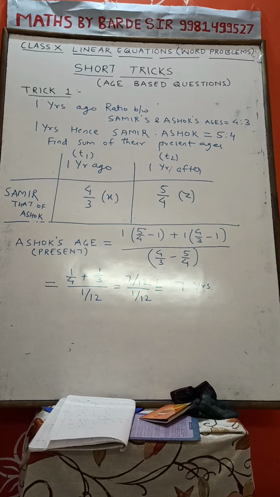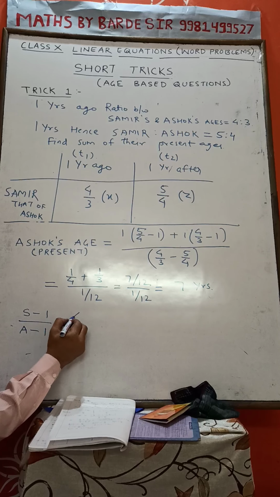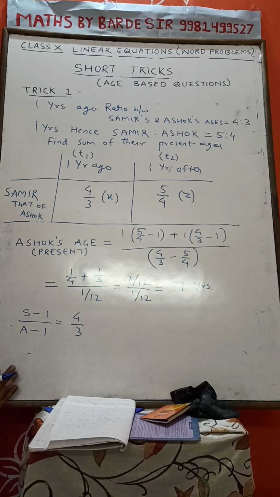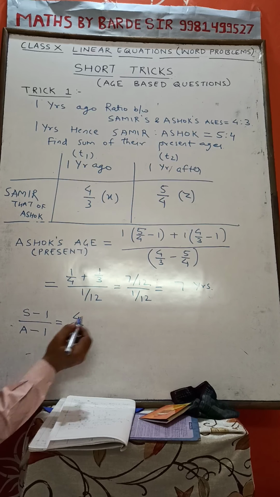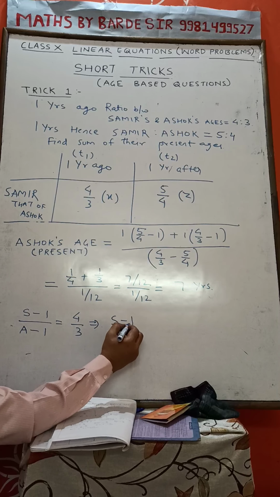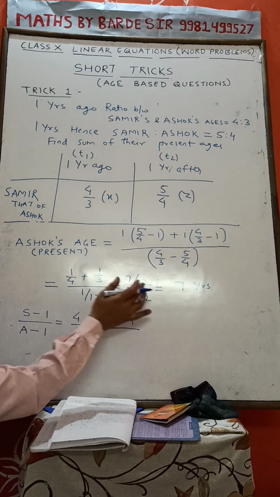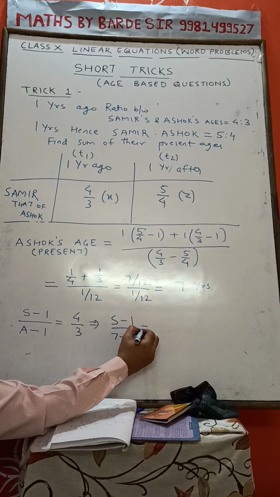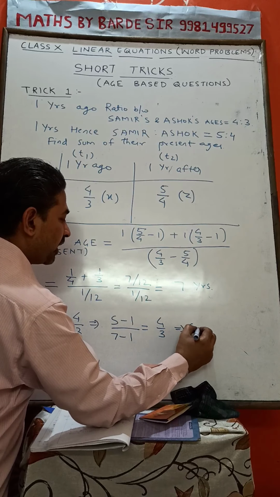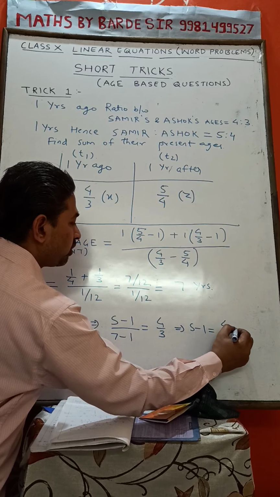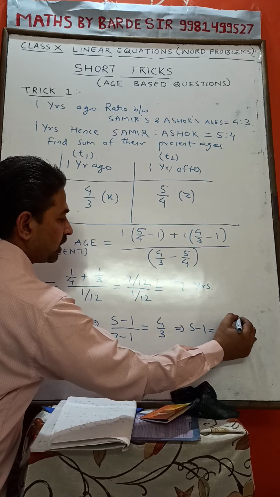Okay, now let's see how to find Samir's age. Samir's age 1 year ago: S minus 1, where S is Samir's present age, upon Ashok's age minus 1. The ratio is 4:3. So S minus 1 upon 7 minus 1 equal to 4 upon 3. So S minus 1 equal to 4 upon 3 into 6, that is 8.